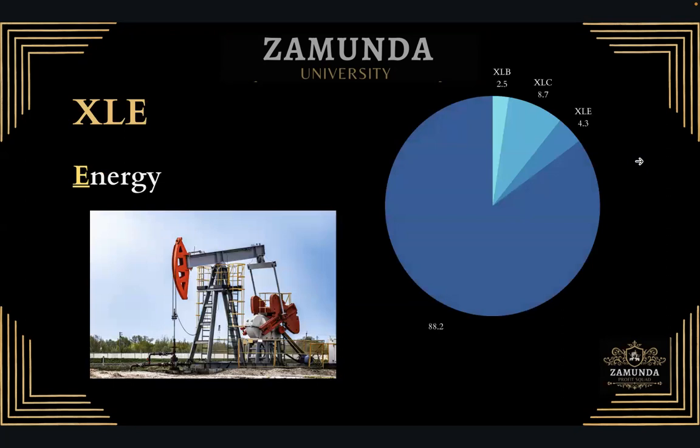Next, we have XLE, and that's pretty self-explanatory. E for energy. Energy is going to be 4.3% of the S&P. That is going to be your XOMs, your Chevrons, your Oxys, things like that. Oils, those consist of energy.